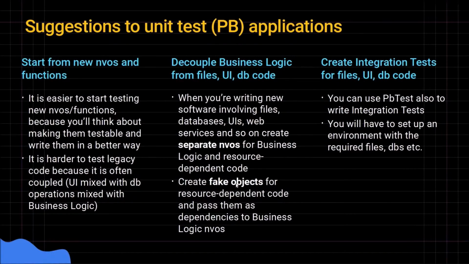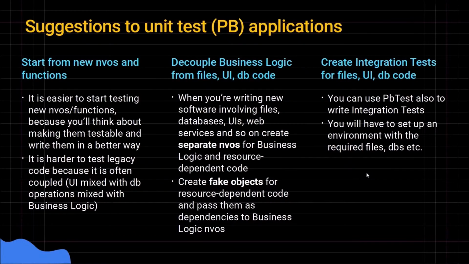For resource-dependent code, such as database code, but also file system code, web services code, and so on, we should create fake objects we can pass to the business logic instead of real objects.